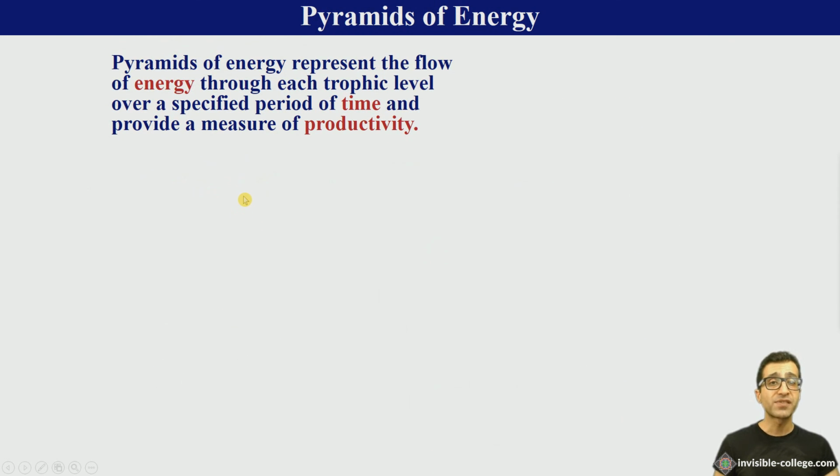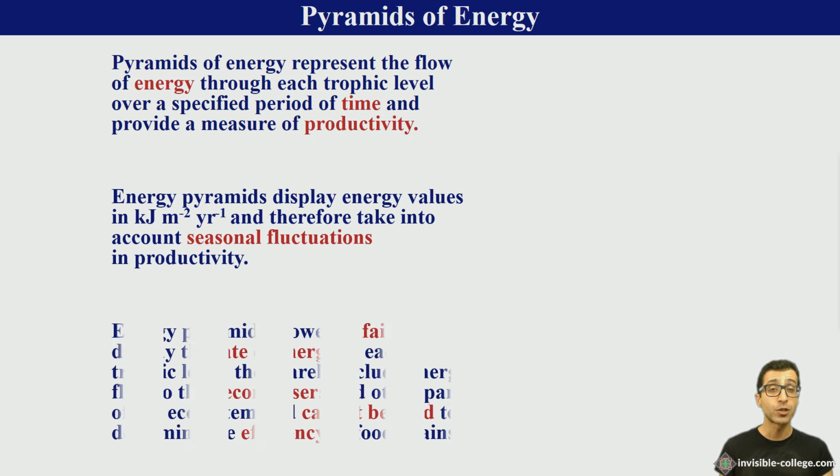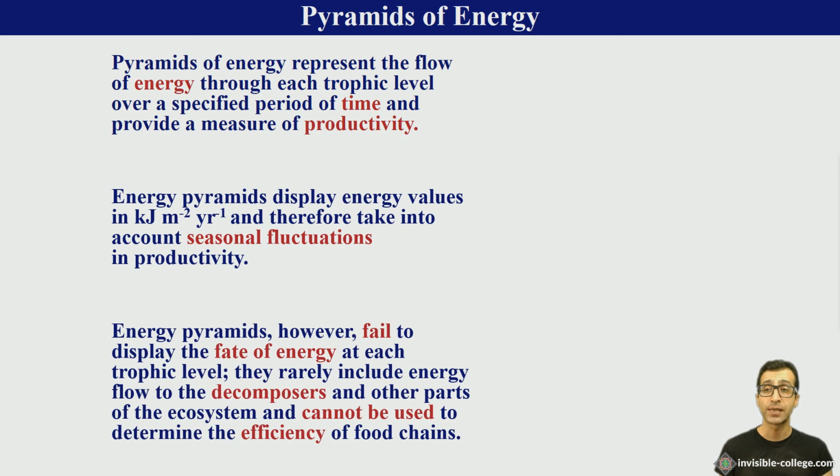So again, pyramids of energy represent the flow of energy through each trophic level of an ecosystem over a specified period of time per meter squared of the ecosystem's area, and these are a measure of productivity. So energy pyramids display energy values typically in kilojoules per meter squared per year, and therefore they take into account the seasonal fluctuations in productivity.